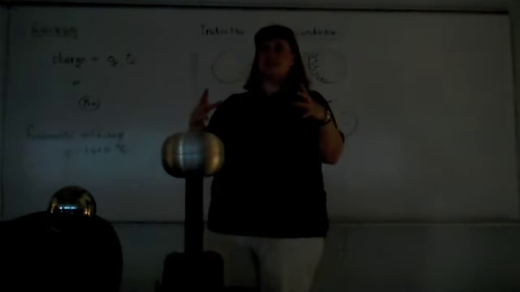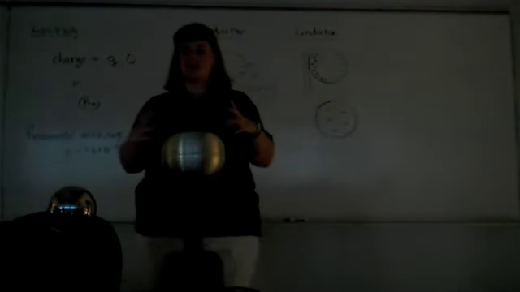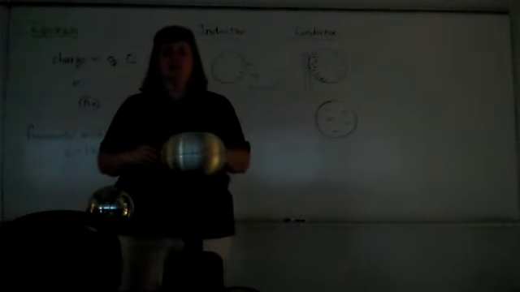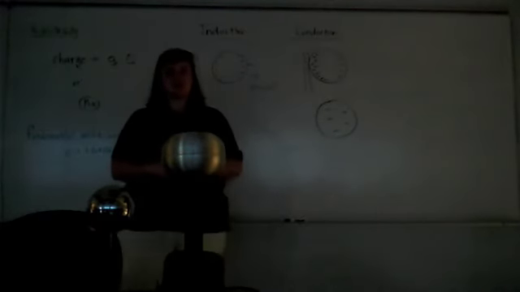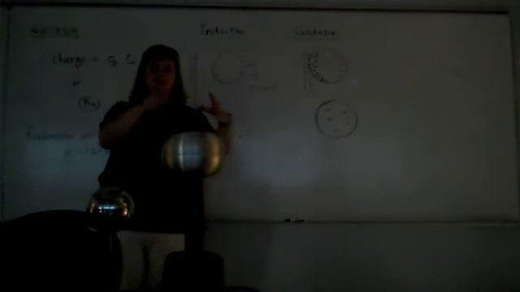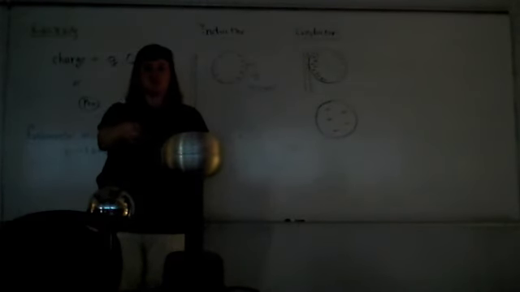If it gets big enough, the force on the charges becomes large enough to physically make them jump. The color you're seeing is the ionization of the gas in the room. It's kind of a purplish color. So the charges are physically jumping from the Van de Graaff generator to this little ball.